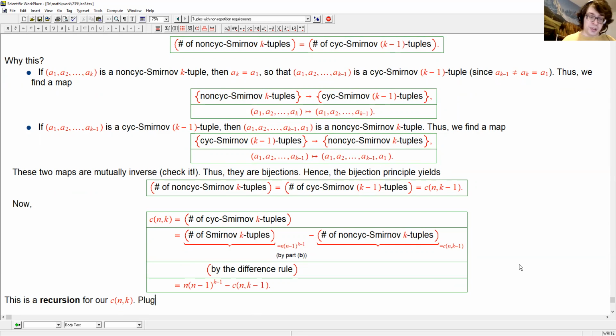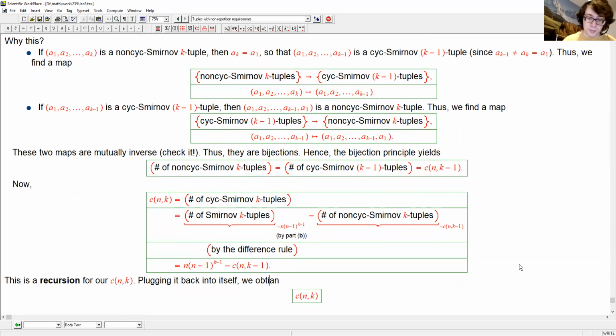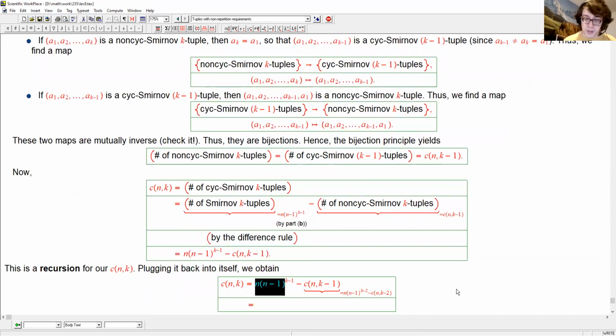Well, how do we do it? We plug it back into itself. So here is what the recursion says. But for C of n, k minus 1, we also use the recursion to simplify this. Of course, you have to replace k minus 1 by k minus 2 now. So you get this here.